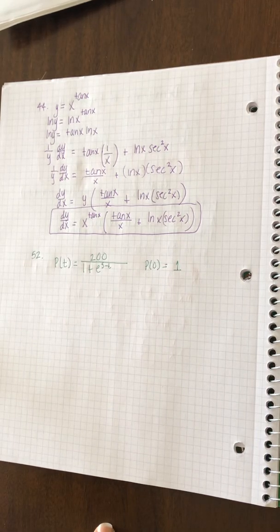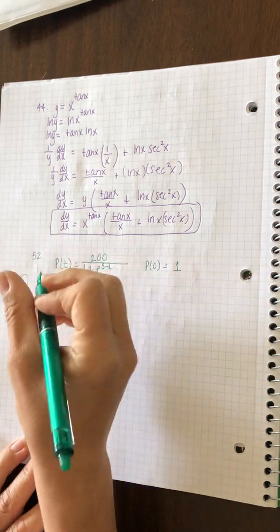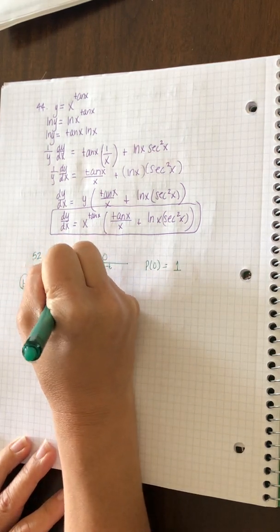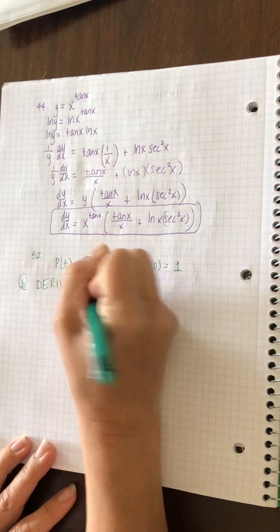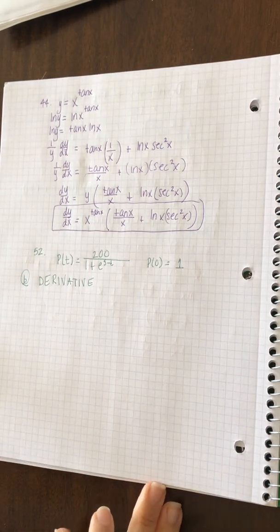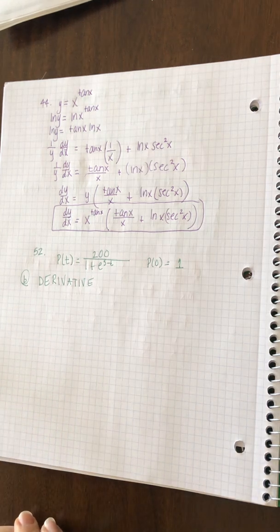Okay, so here's what happens with part B. How fast is the flu spreading after 4 days? So you need to find the derivative. Okay, so I really don't like the quotient rule, so I changed this into a product rule problem.